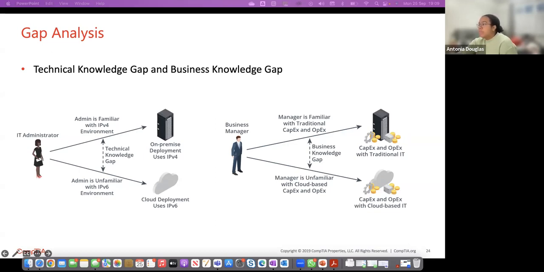By doing this, you would recognize that IT staff are very proficient with their on-prem services and will require a great deal of education when it comes to cloud services. That might be through training and upskilling, to specific IT staff across the organization, or to your whole organization, depending on how big or small it is. That would be for technical knowledge gaps.